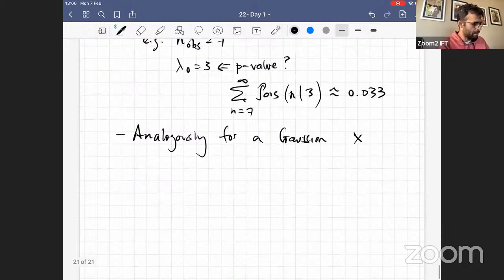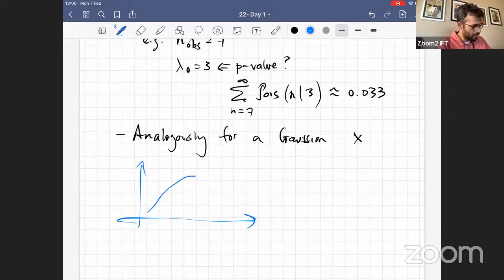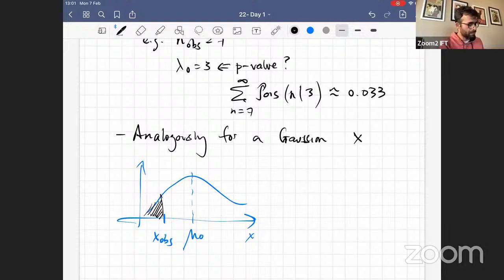Here you have your Gaussian centered at mu0. This is x, right? If x observed is here, then of course you need to make this integral in order to get the p-value. So the p-value would be given by this integral.